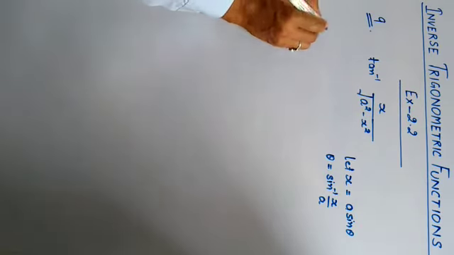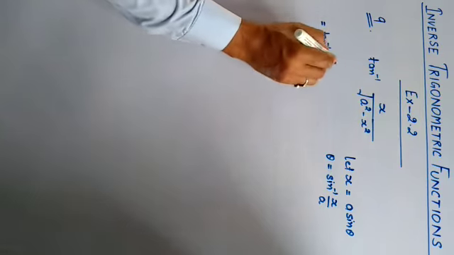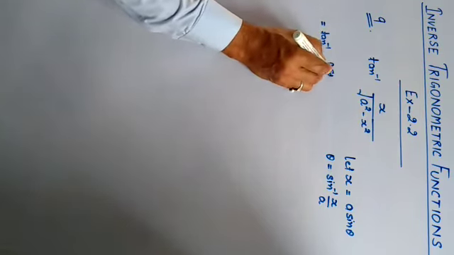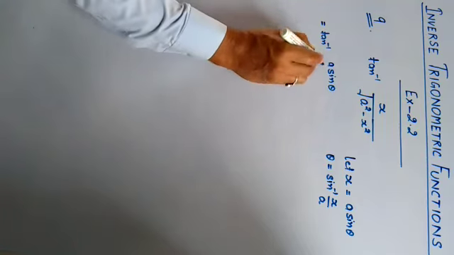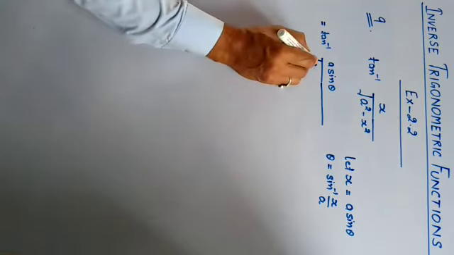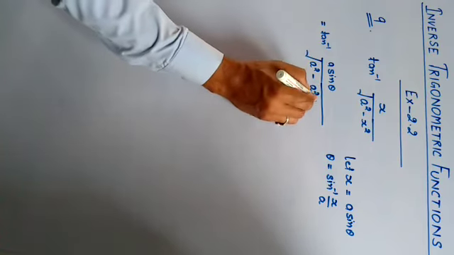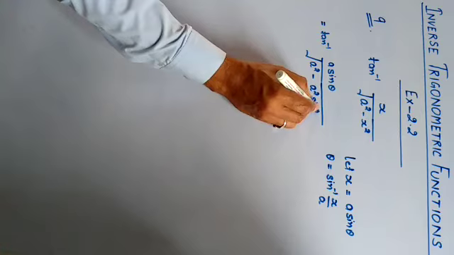Now tan inverse, in place of x, a sin theta upon under root a square minus a square sin square theta.